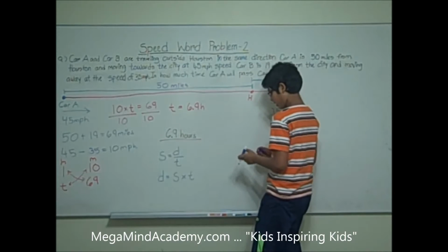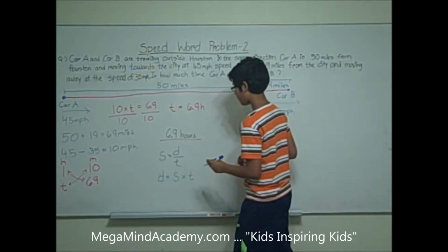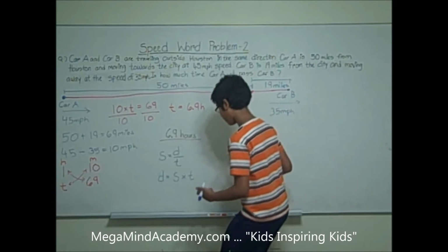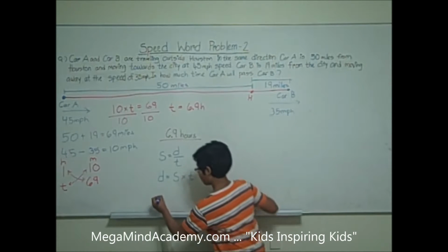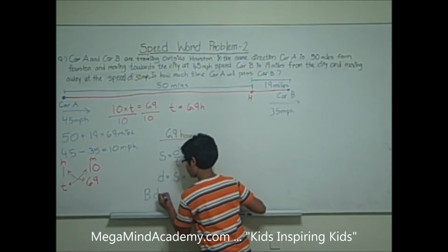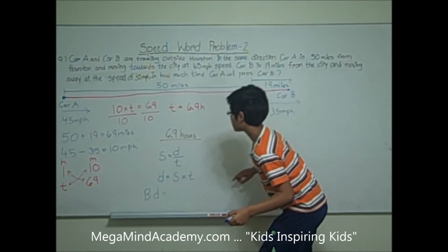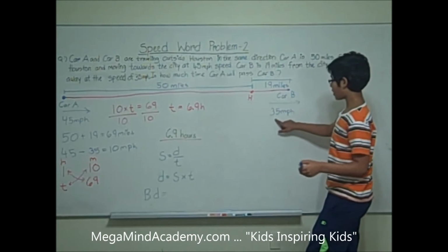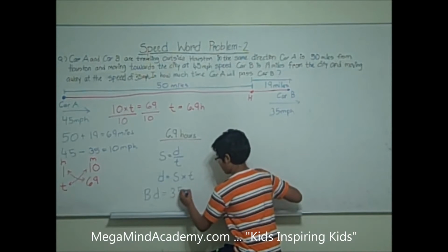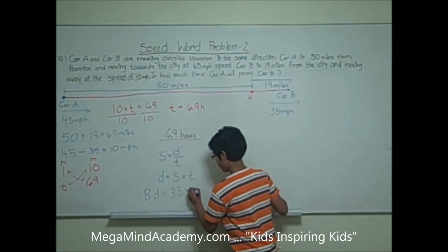So let's start with car B. So this means that BD, car B's distance that it traveled, is equal to the speed times the time. The speed is 35 miles per hour, so 35 times the time, which is 6.9 hours.